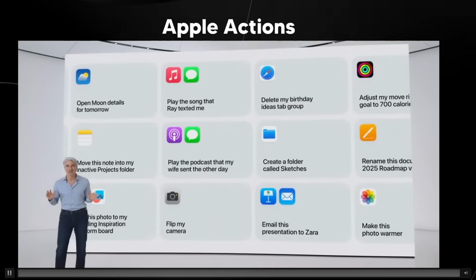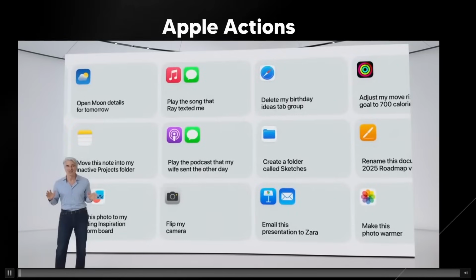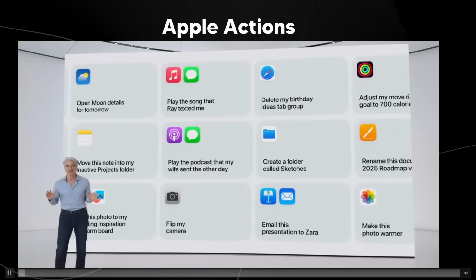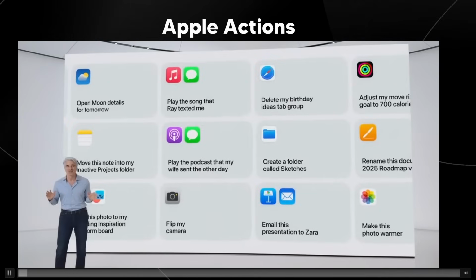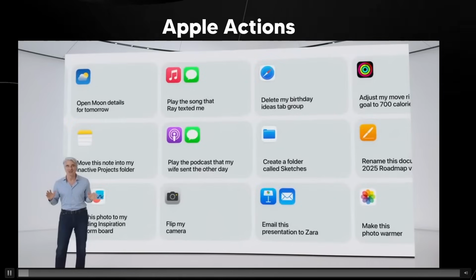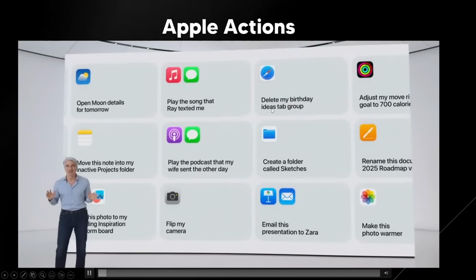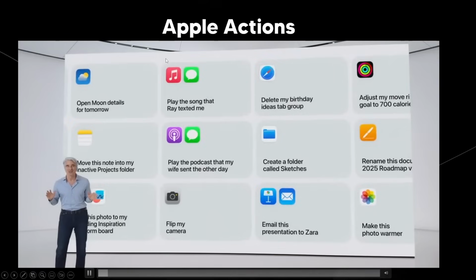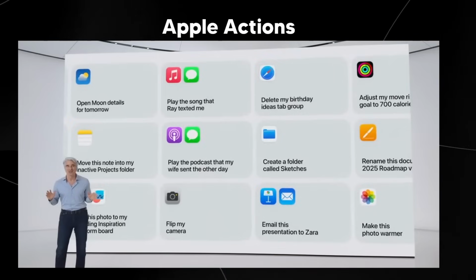Now, I think one of the biggest things that Apple actually spoke about, and this is probably something that I think is going to be arguably the biggest thing for Apple and many other phone makers in the future, and I wouldn't be surprised if other phone makers do take a leaf out of Apple's book for this, is the Apple actions. So essentially, this is where Apple's going into their agentic framework.